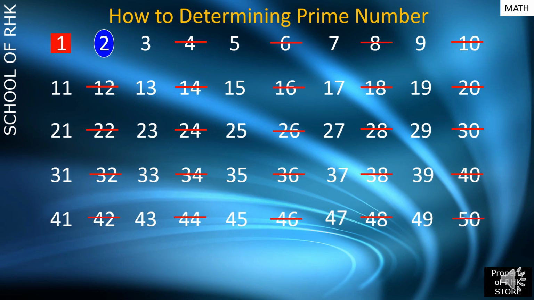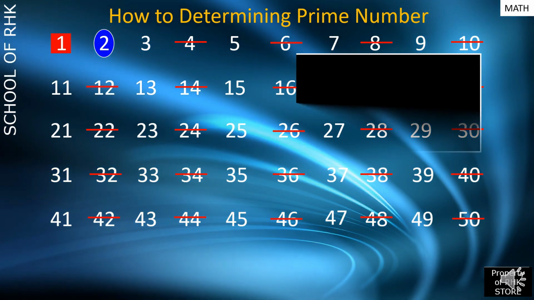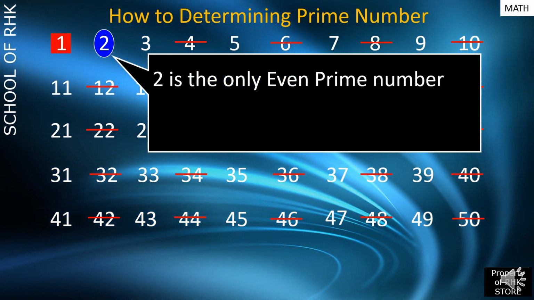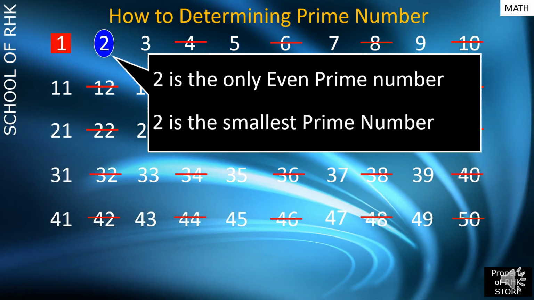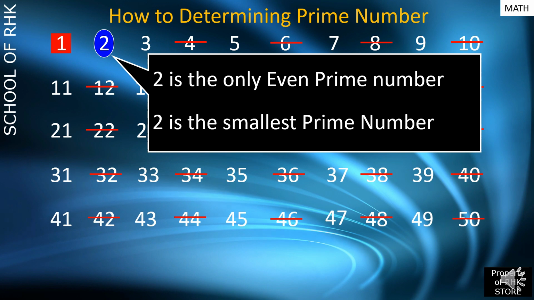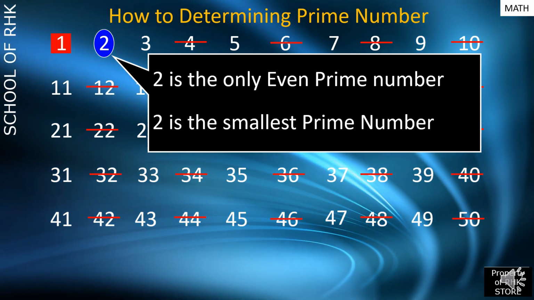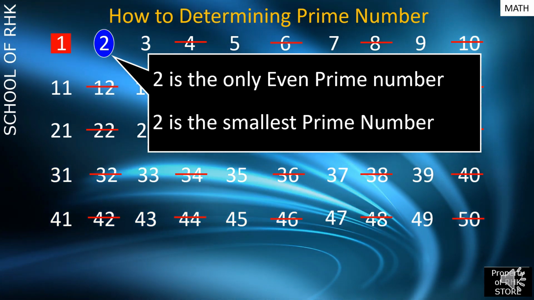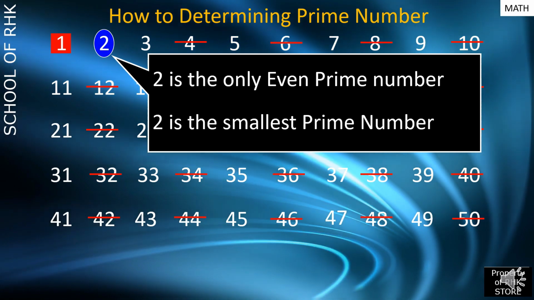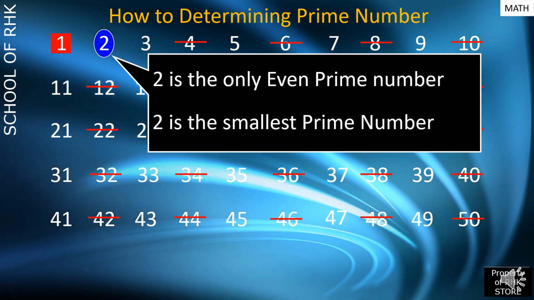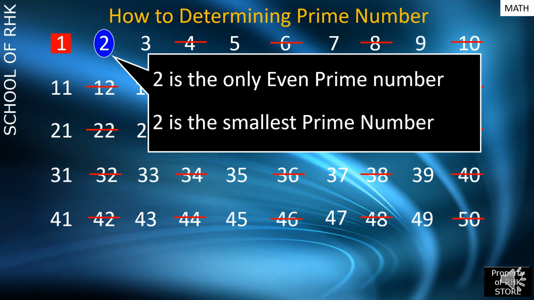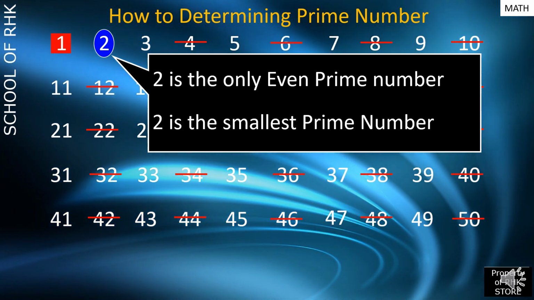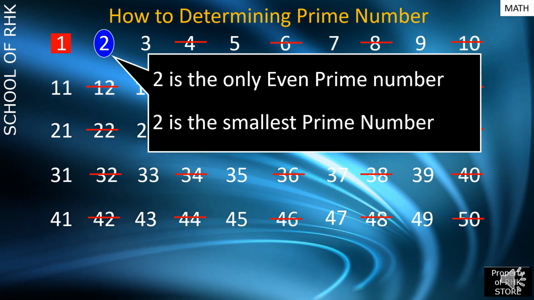Obviously, 2 is the only even prime number and at the same time the smallest prime number. In many cases, the question may arise as to which is the even prime number or which is the smallest prime number. For both questions, the answer is 2.